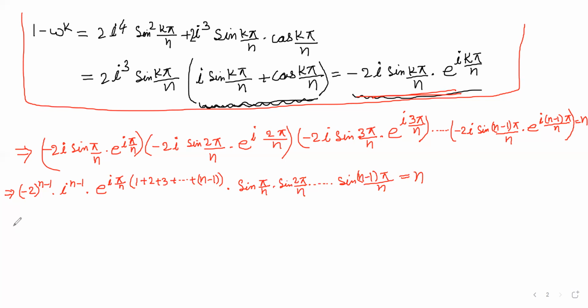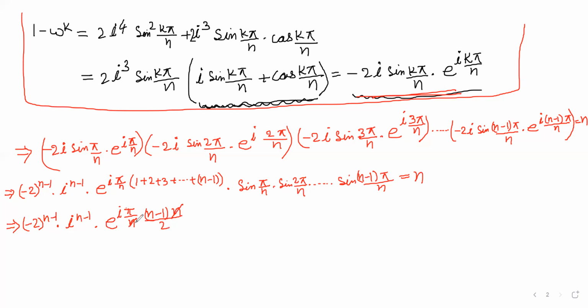So now in the next step, we will have minus 2 to the power n minus 1 into iota to the power n minus 1 into e to the power iota pi by n into sum of first n minus 1 natural number is going to be n minus 1 into n and whole upon 2.